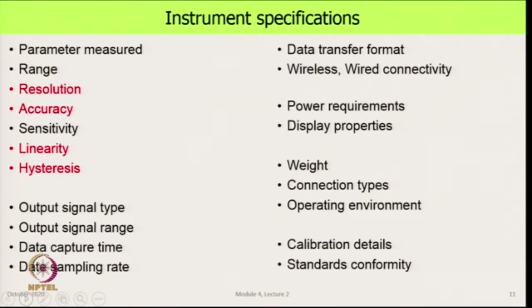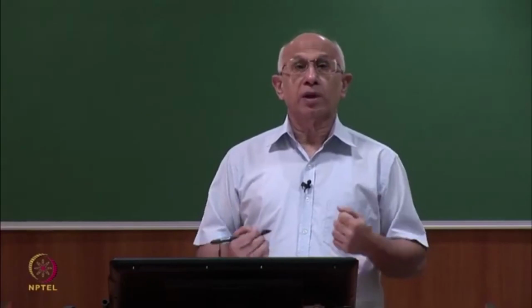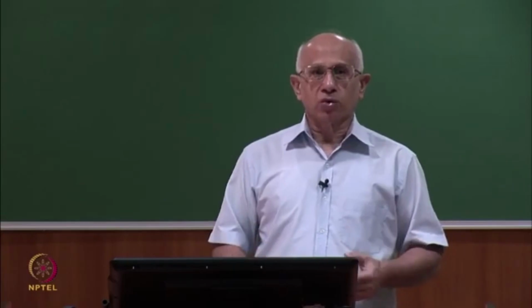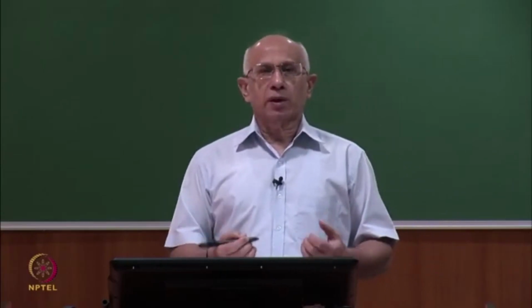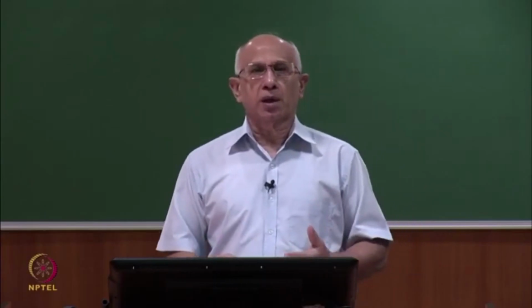Now we look at instrument specifications, and we will see as we list it why this is important for uncertainty analysis. In the assignments, I have asked you to go and look up instrument specifications, look at what manufacturers tell us about their instrument, and we have to be able to intelligently interpret it, not just for using the instrument correctly or buying the instrument, but also once you have got data from it, using that information to get uncertainty data.